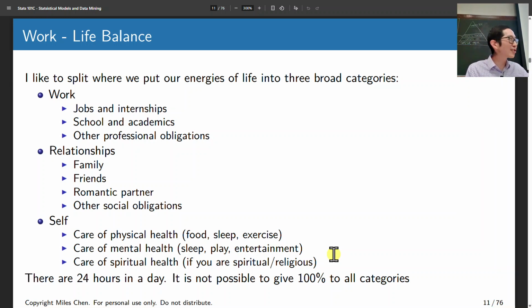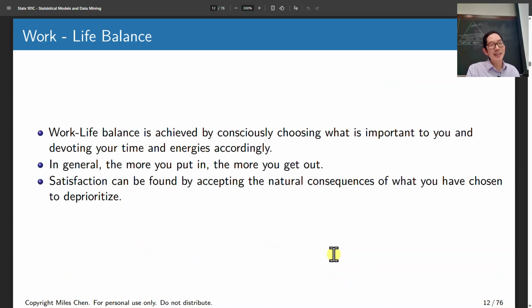Those things are naturally going to wither away a little bit, okay? And so what I wrote is: satisfaction can be found by accepting the natural consequences of what you have chosen to deprioritize. Okay.